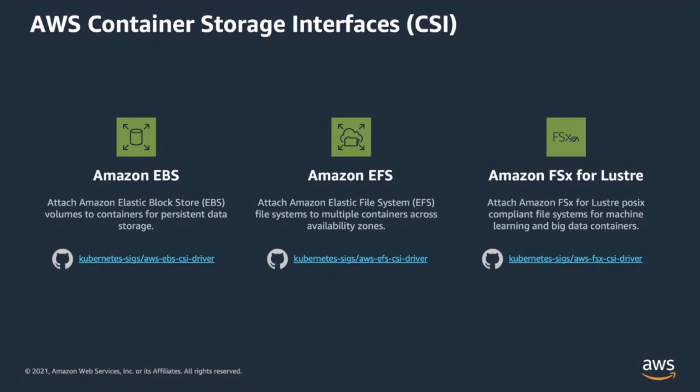EKS has plugins today for 3 common AWS storage systems: Amazon EBS for block storage, Amazon EFS for file storage, and Amazon FSx for Lustre. If you have a stateful application that you'd like to deploy on an EKS cluster, you can deploy these controllers using the instructions in the EKS documentation.